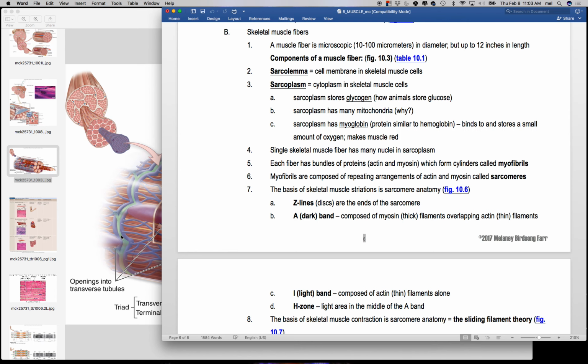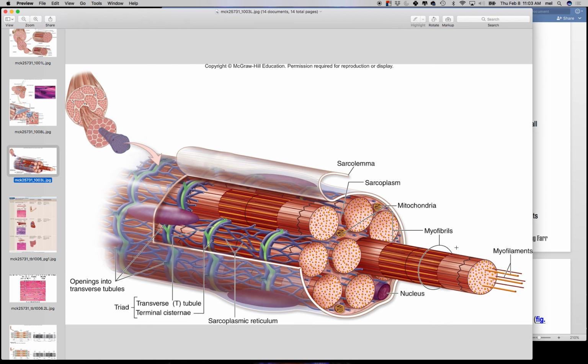Okay, now, inside each skeletal muscle fiber, let's address the elephant in the room. What the heck are these Vienna sausage-looking things? Those are called myofibrils. And do you know what a coaxial cable is? It's a cable made of cables or a wire made of wires. That's what a myofibril is. A myofibril has all of these little skinny proteins bundled up together.